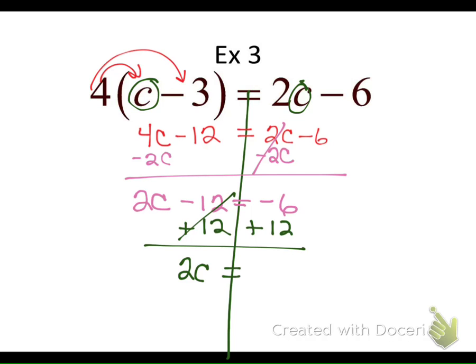My right side, I'm going to take negative 6 plus 12. There we go. And how do I get the C by itself? By? Which would then equal? Good. Yep.